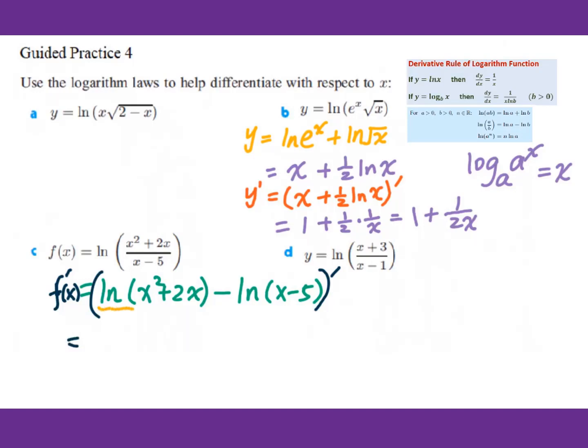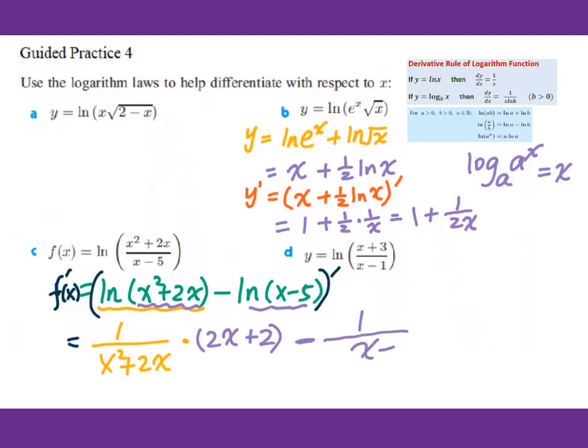So derivative of natural log, that means 1 over x squared plus 2x. Then use chain rule, do the derivative of this argument. That will be 2x plus 2. Then minus derivative for this natural log will be 1 over x minus 5. Then do the derivative of x minus 5, that's 1.